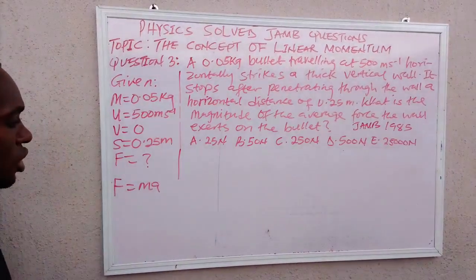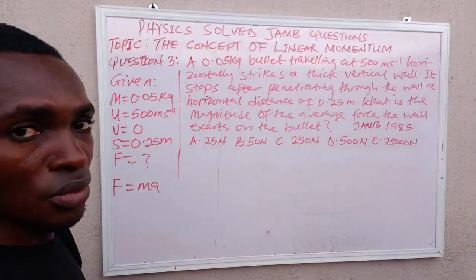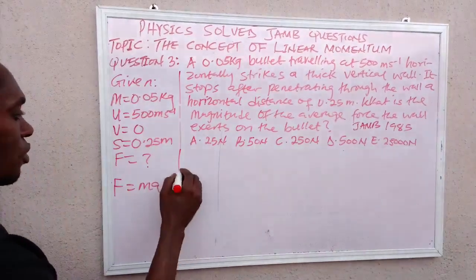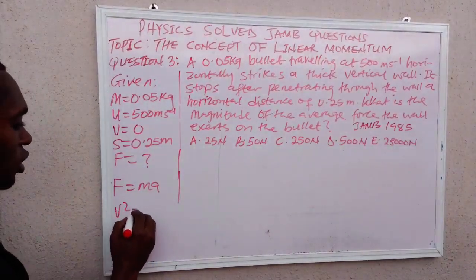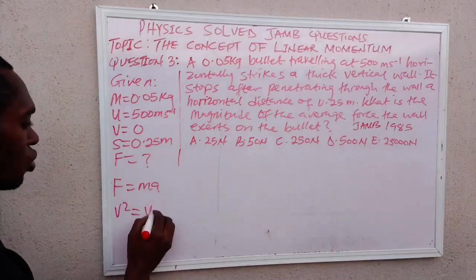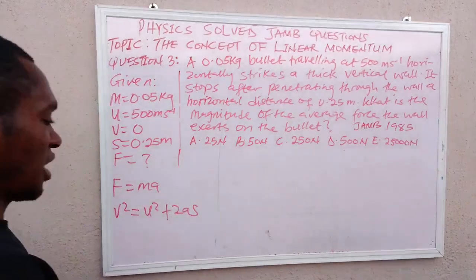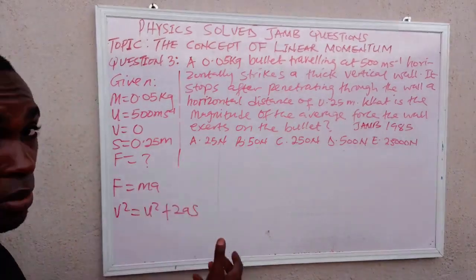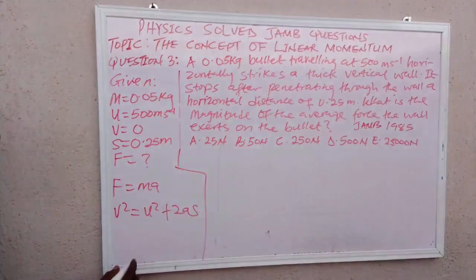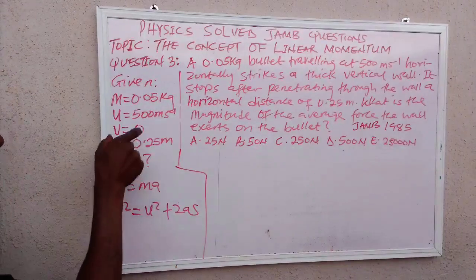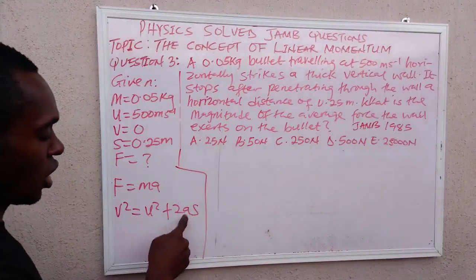So we're going to use a particular formula. From the third equation of motion, we have v squared equals u squared plus 2as. Instead of taking time to make a the subject of the formula, we don't have to, because that will take our time. We just incorporate these values into this formula to get our a.